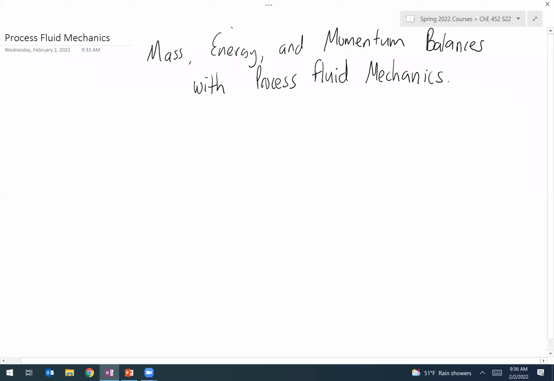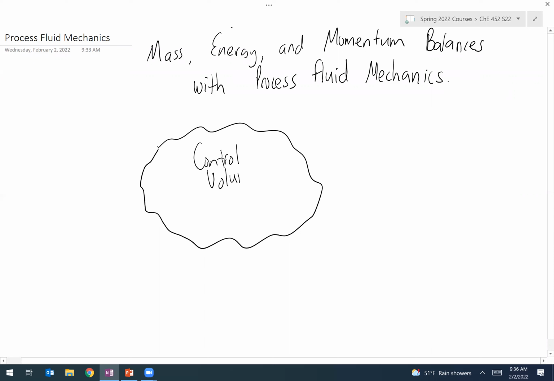So the most general way that we can look at this is for analyzing a control volume of a known mass, M, and we can analyze this control volume of interest as a collection of inputs and a collection of outputs.